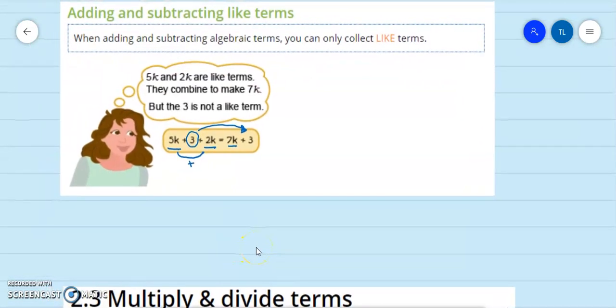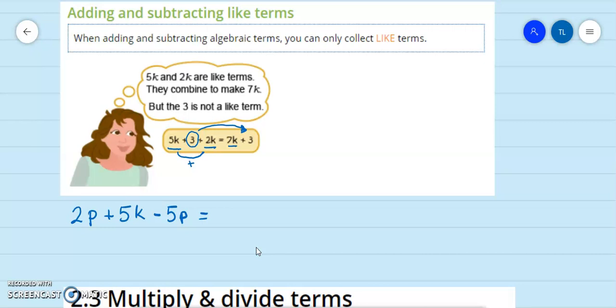I will give you one more example here. For example, I have 2p plus 5k minus 5p. How about this? The first thing you have to do is to find the like terms.